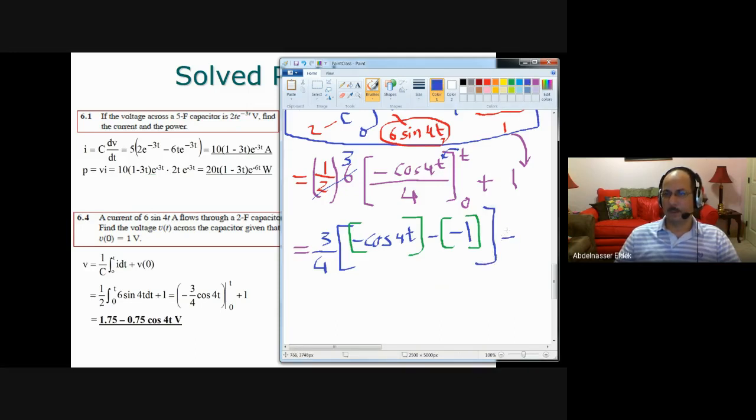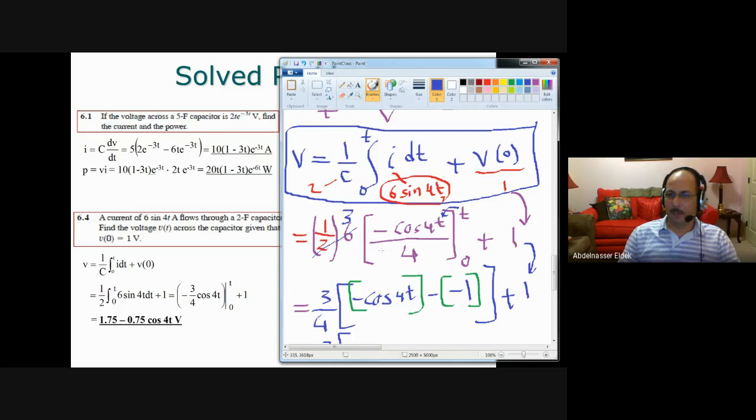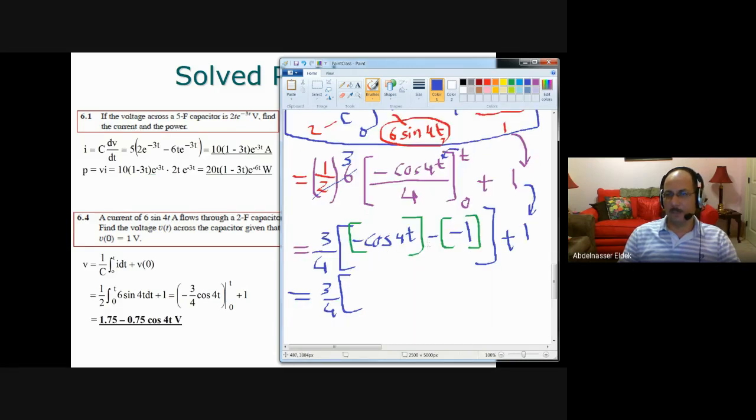Plus 1, you add the 1 here. Don't forget it. So this equals 3 over 4 multiplied by negative cosine 4t, and here the negative becomes plus 1. So you can rearrange it: 1 minus cosine 4t.